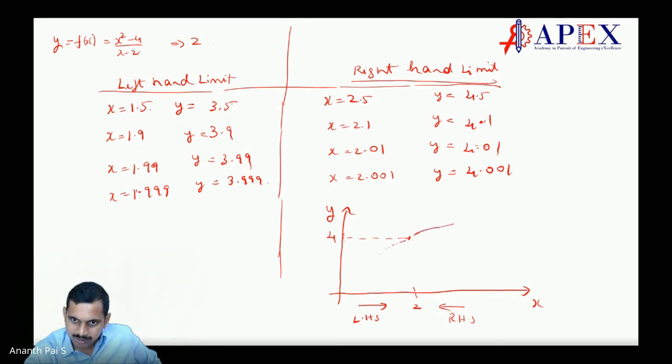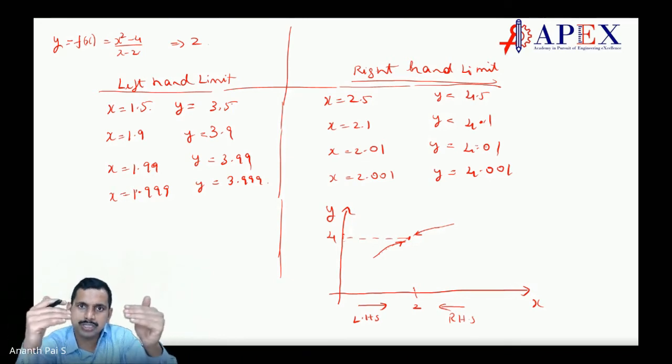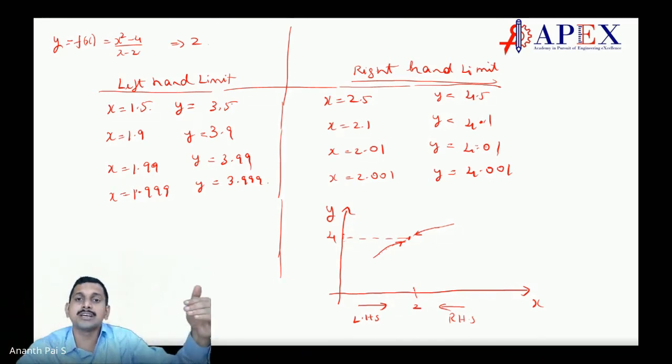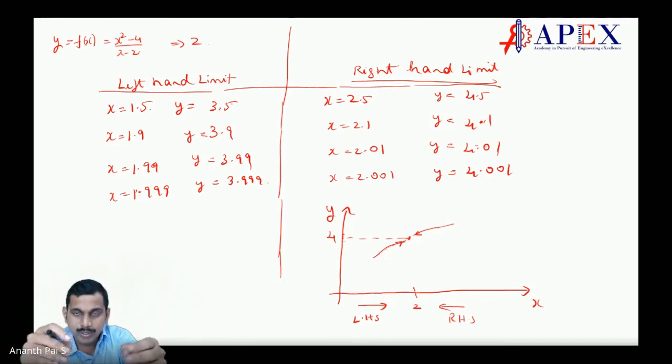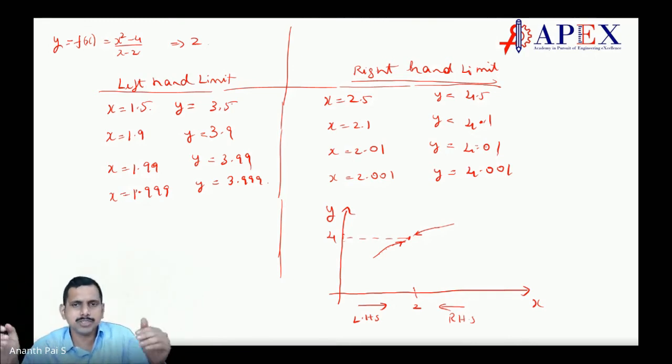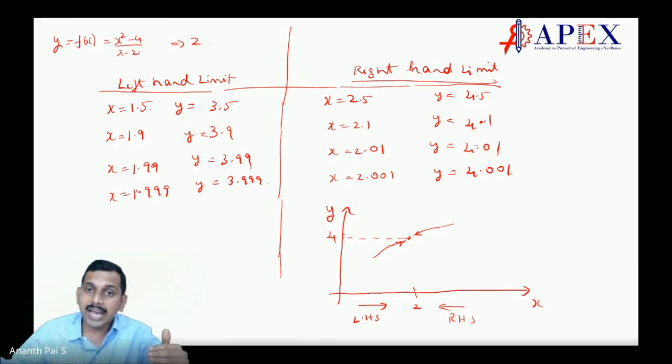So this is the approach, but we cannot reach this point. We cannot say x is equal to 2, because when you say x is equal to 2, it's undefined. So we can approach that particular value as a limit. That means it does not go to that point. It comes nearer and nearer and nearer.